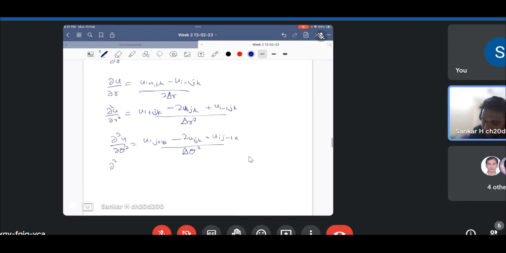And ∂²u/∂z² is given by (u(ij)(k+1) − 2u(ijk) + u(ij)(k-1)) by Δz².